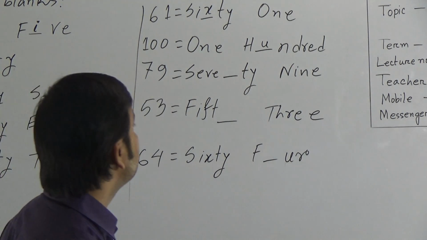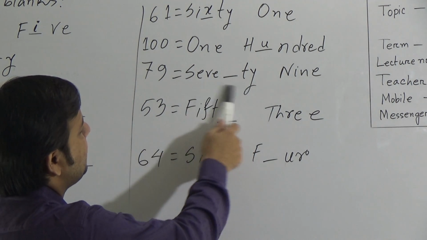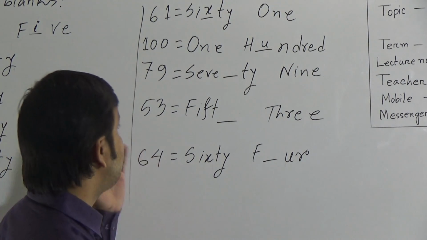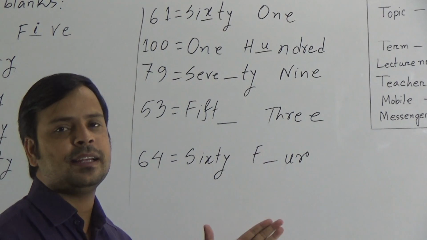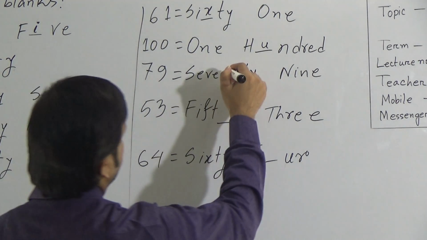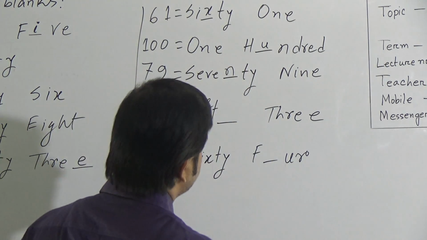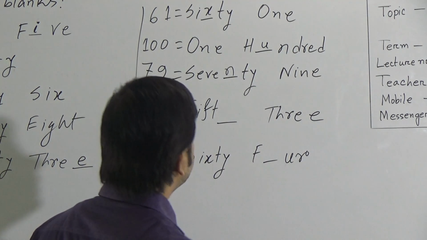79. So we have to know the spelling of 70 here. The spelling of 70 is S-E-V-E-N-T-Y. So after E here we have to write N. Here is 9. So 79.